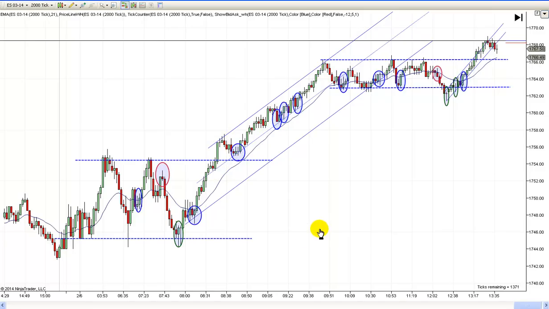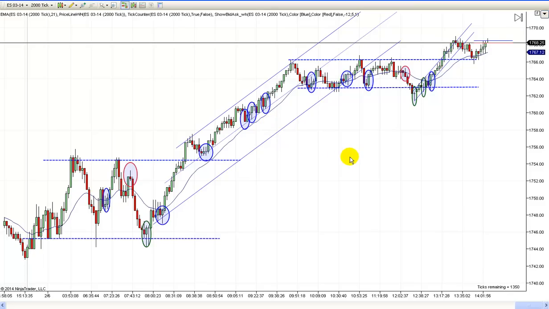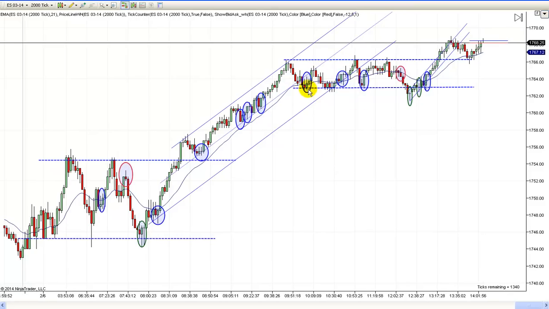So you've got to make sure again that the more touches you get, the more that line is correct. Just like here, it's obvious my prices are fitting in this channel really well. They're bouncing here every time. Even when they break through, they fail and they come back and test it and keep going higher.